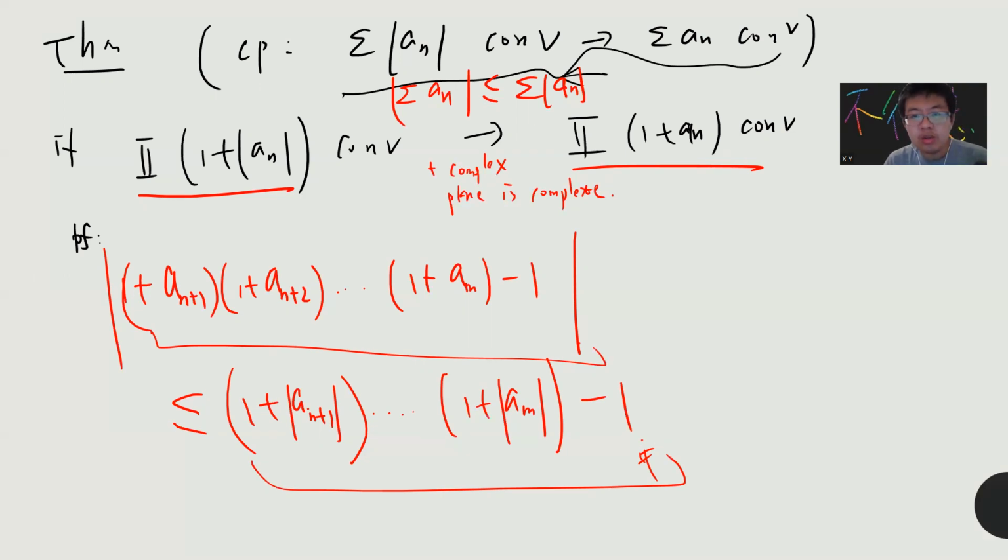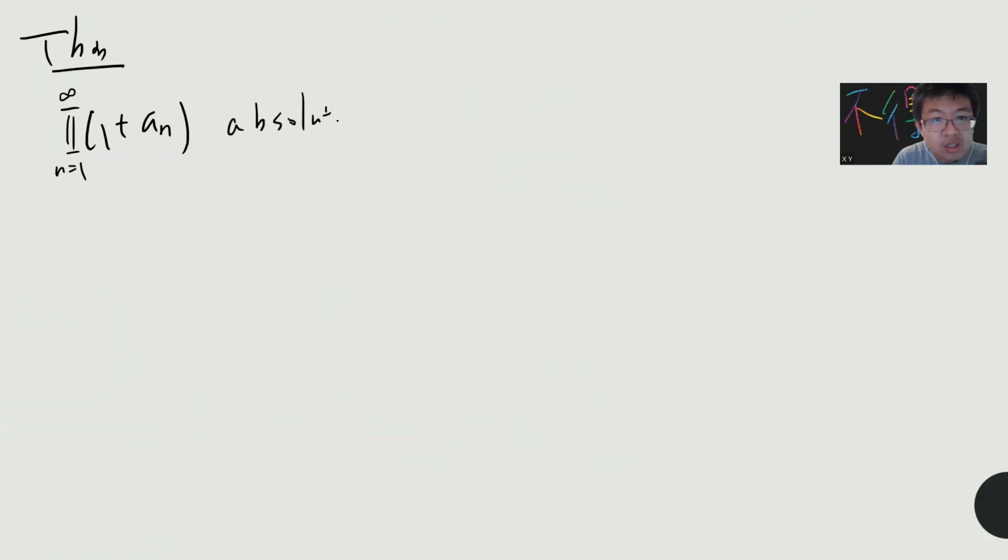Okay, remember this. Now we have our final theorem. The product of 1 plus an converges absolutely if and only if the summation of an converges absolutely.